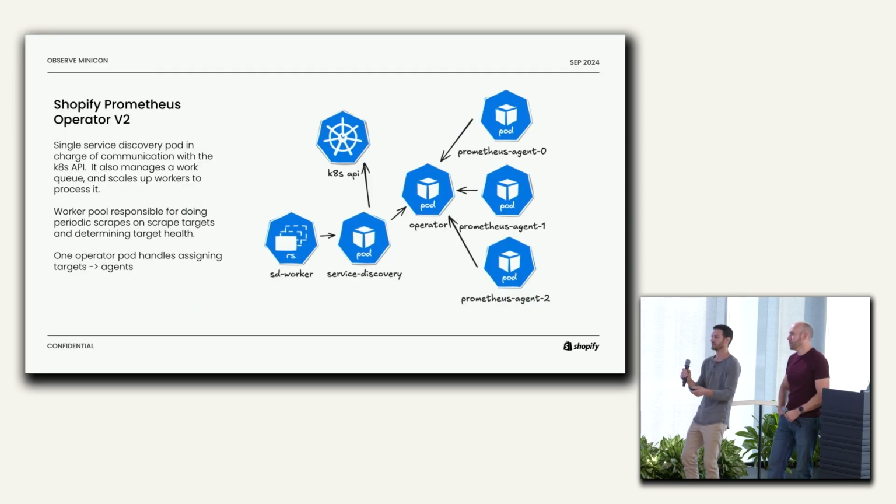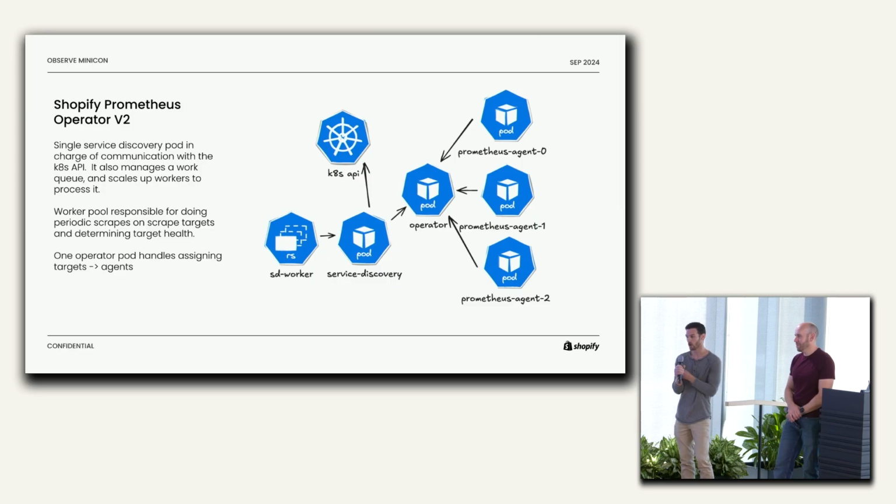So we went out and did a version 2 of the Shopify Prometheus operator. In this version, we took it a step further, and we split service discovery into an additional component that we call the SD workers. In this version, service discovery is run as a singleton, just a single pod that discovers all of the targets.